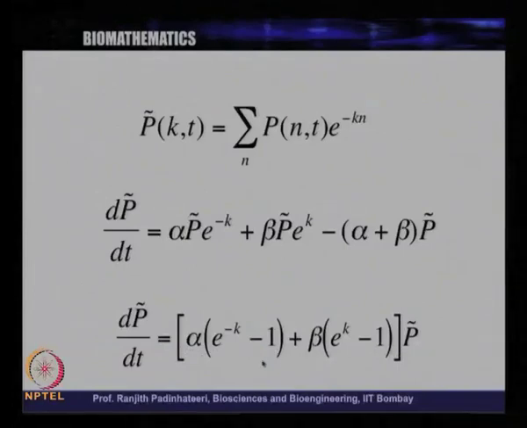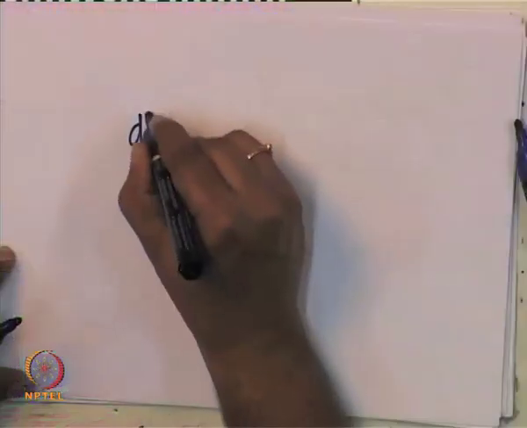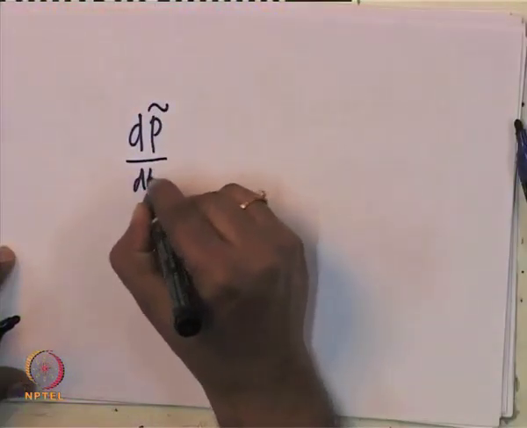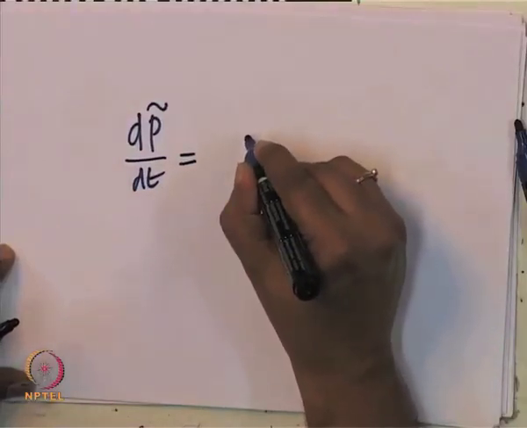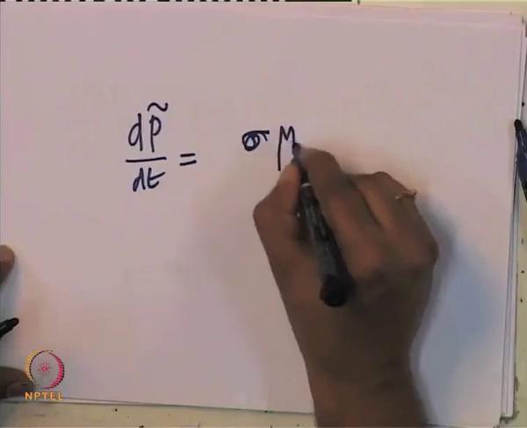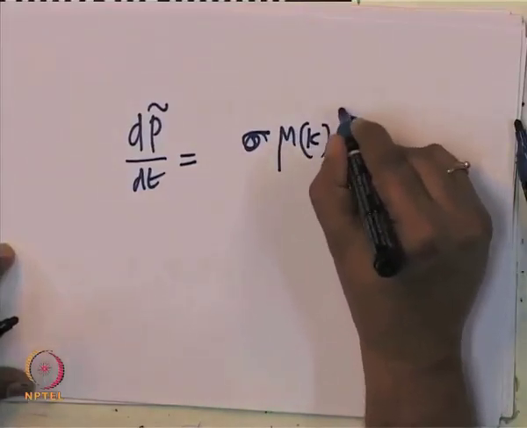So, what you essentially get is that d p tilde by dt is some function of k times p tilde. So, let me write this equation in a different way: d p tilde by dt is some mu of k, some function of k, into p tilde.